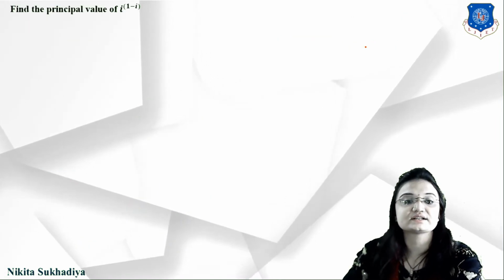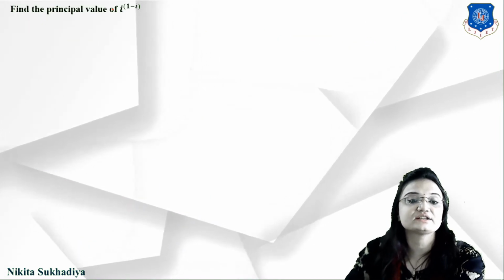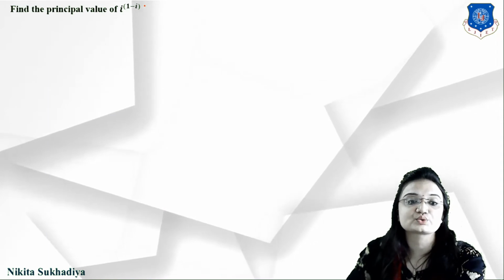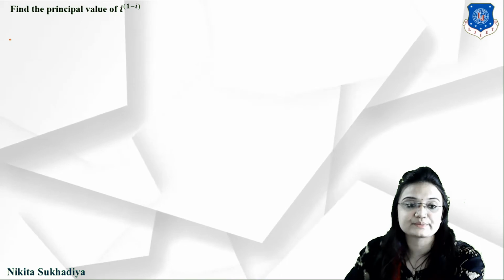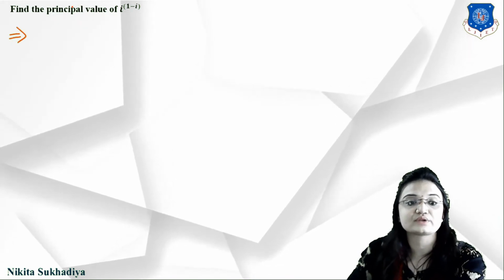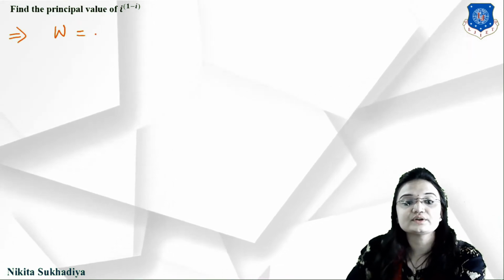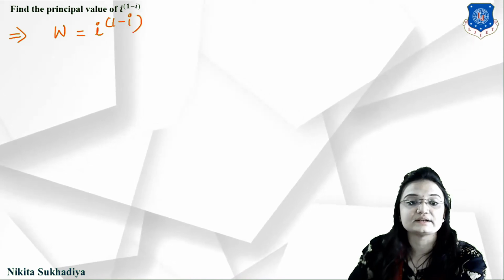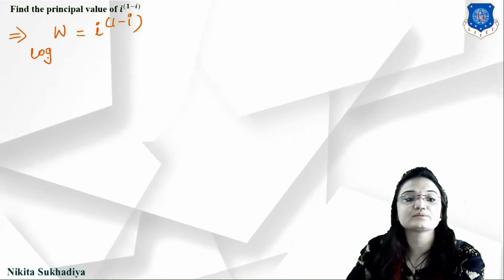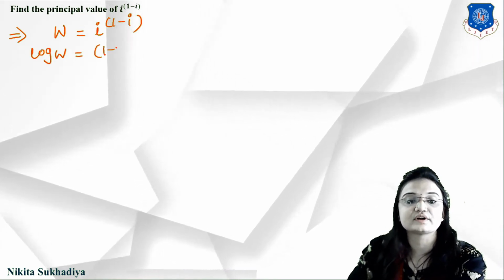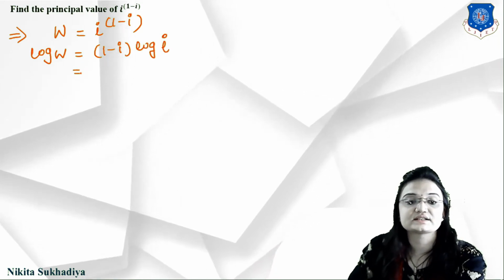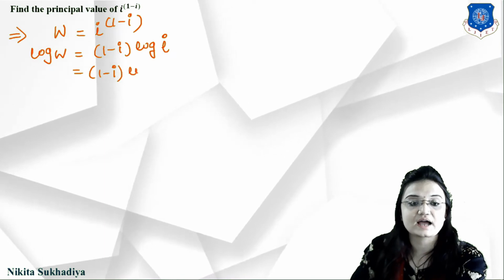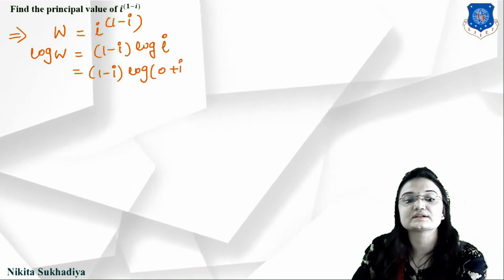Okay, now let us understand the next example: find the principal value of i raised to 1 minus i. So take w equal to i raised to 1 minus i. By taking logarithm on both sides, this will become (1 minus i) into log i, which is nothing but (1 minus i) log(0 plus i).